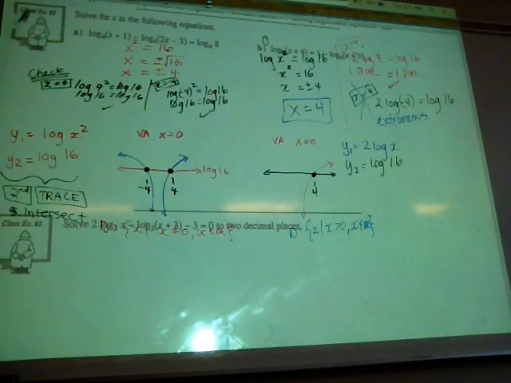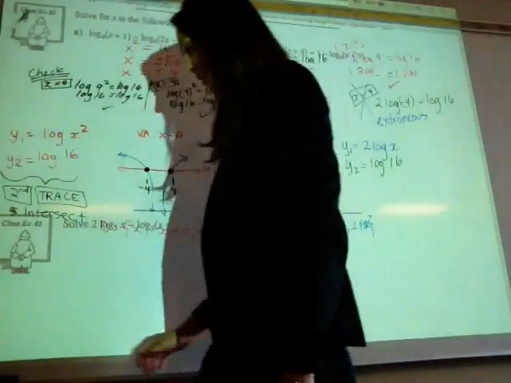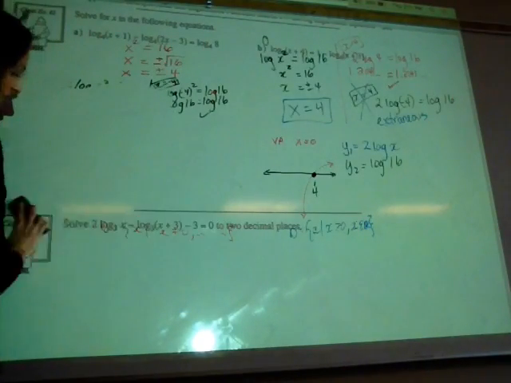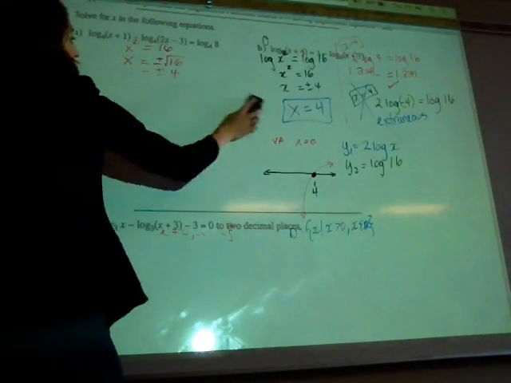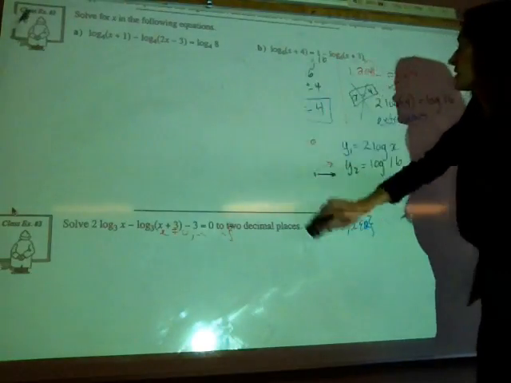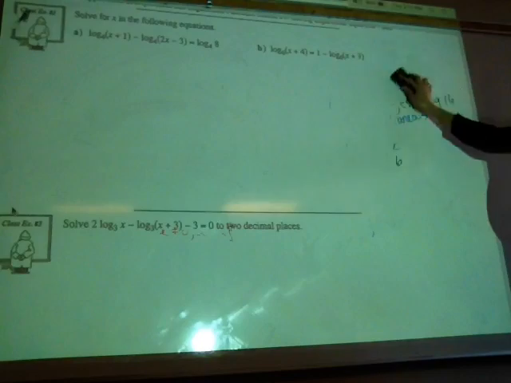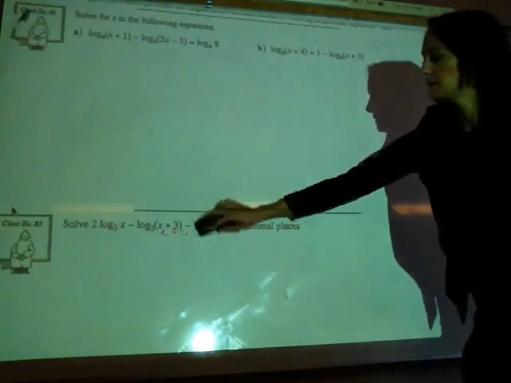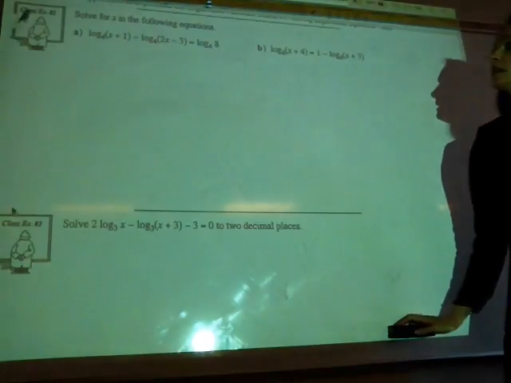So now we're going to get creative using our power law, our quotient law, and our product law to solve logarithmic equations. And we're going to use our skills from Math 20 on how to solve quadratic equations. Okay.